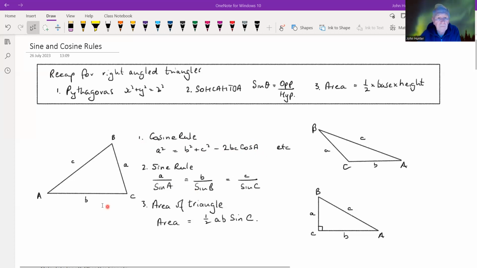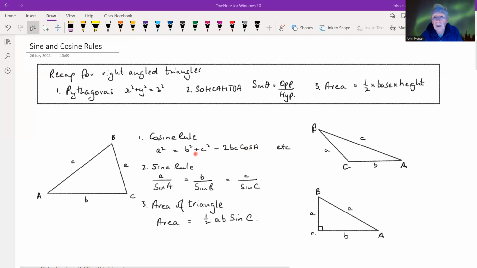Now, if our triangle in our particular problem does not have the same letters, then we may have to restate this. But as with all these formulas, basically what we need to do is line up the values of what we know and what we want to know, and all being well, there are four things here, aren't there? There are three sides and one angle, so if we know three of those, we can use it to calculate the other one.